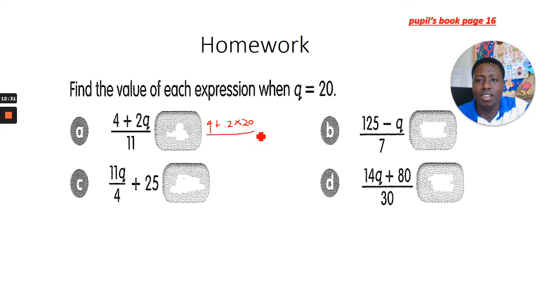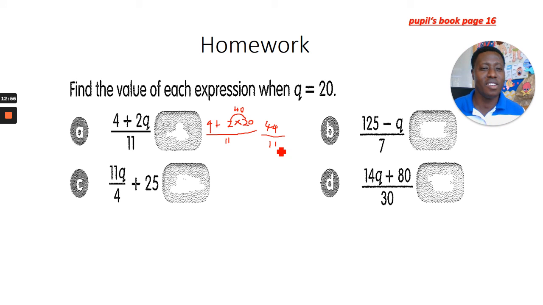Then you divide all of them by 11. So 2 multiplied by 20 is 40. 40 plus 4 is 44. 44 divided by 11, and the answer is, all right, so that is your homework for you to do.